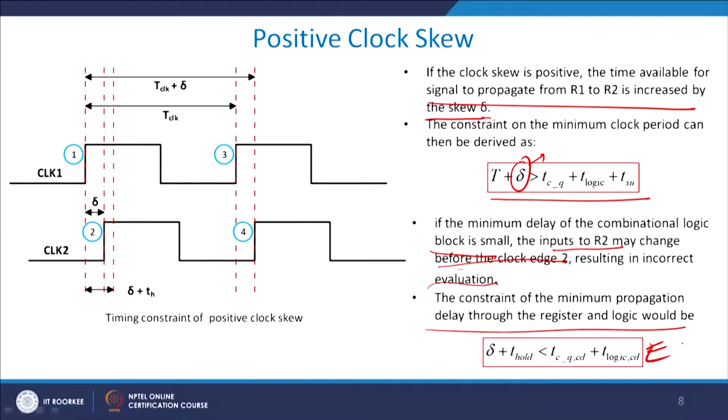The constraint of minimum propagation delay through the register and the logic would be this much. The maximum error will be given by this particular formula here, and that is what we get from the positive clock skew.